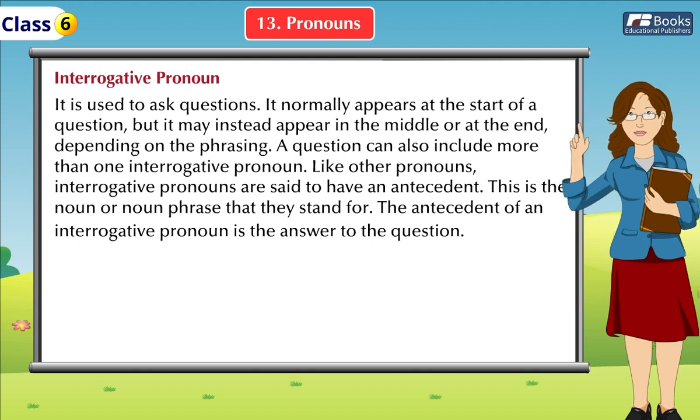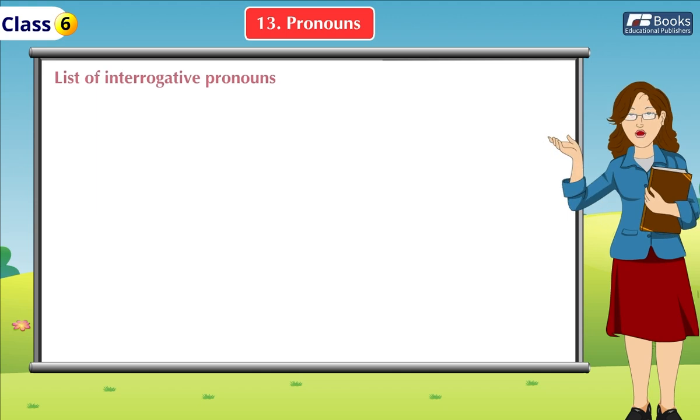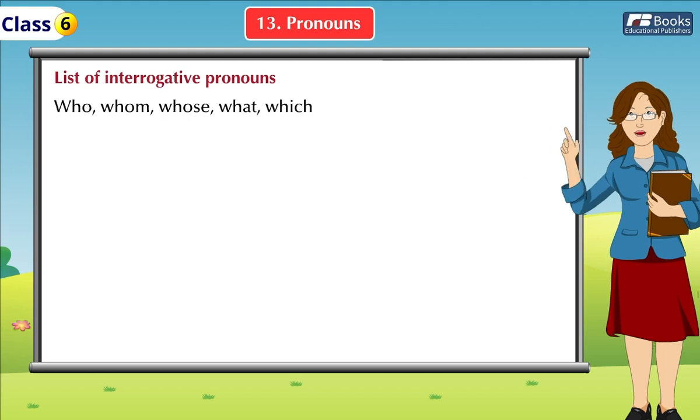This is the noun or noun phrase that they stand for. The antecedent of an interrogative pronoun is the answer to the question. List of interrogative pronouns: who, whom, whose, what, which.